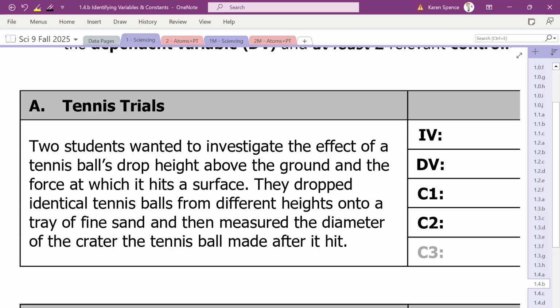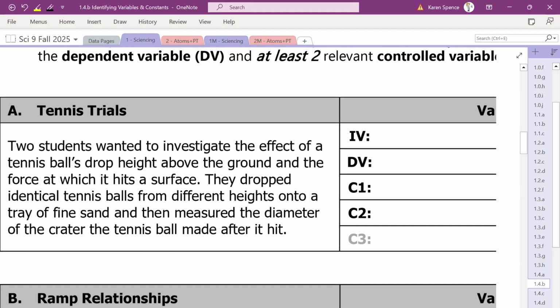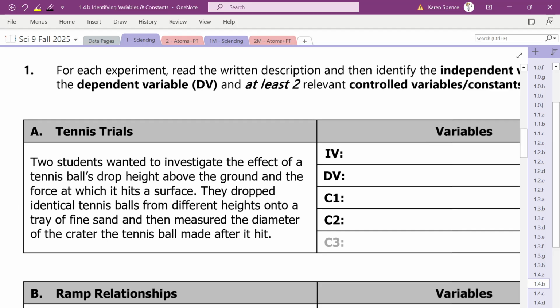They dropped identical tennis balls from different heights onto a tray of fine sand. And then they measured the diameter of the crater that the tennis ball made after it hit. What is the independent variable? Tell your partner what you think about that one. Tell your neighbors.